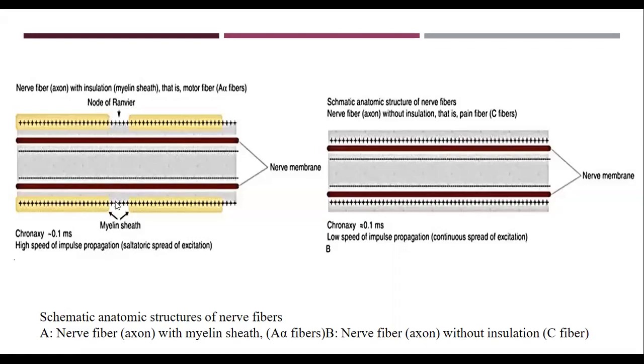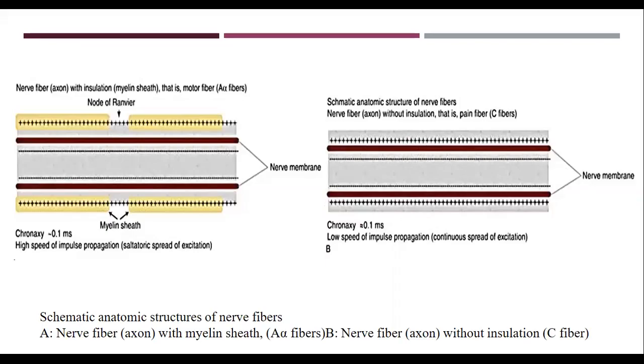As I told, this is A alpha motor fibers. This is a nerve fiber, and this is another nerve membrane. Whereas here are the unmyelinated C fibers. Since they are unmyelinated, there is low speed of impulse propagation, so it is called continuous spread of excitation. And here the chronaxie will be 0.4 milliseconds. Actually, this is wrongly typed. It's 0.4 milliseconds. So this is the nerve fiber or axon without insulation, that is without myelination.